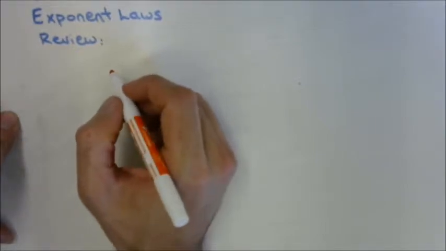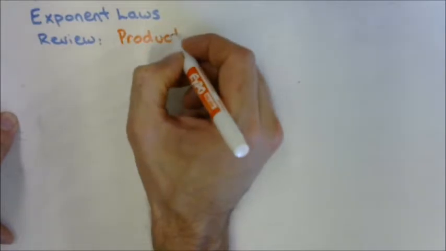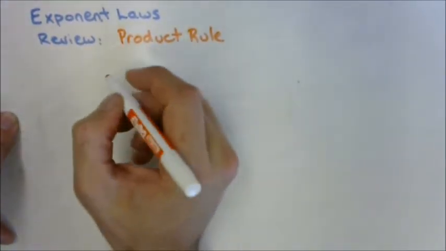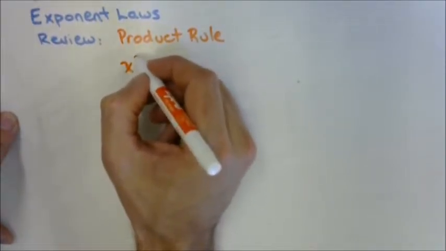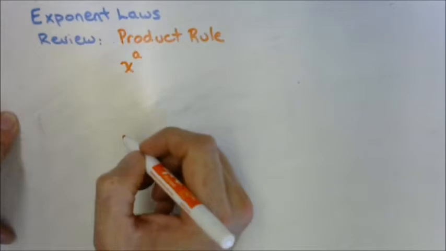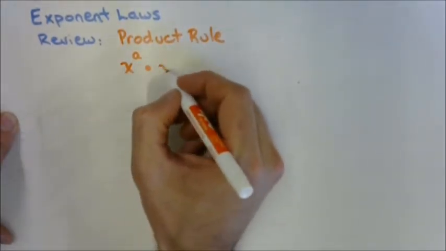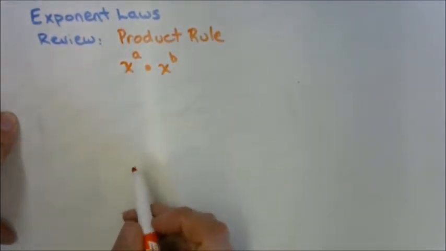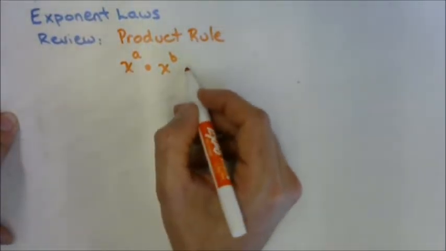We had the product rule. Oh, factor by factor by factor. Never heard that. How'd you know that? The product rule states that if you have any base, let's say the base is x, and you raise it to a power of a, and you're multiplying it by more x's, let's say x to the power of b, so you have a x's and then b x's, and you're multiplying them together.